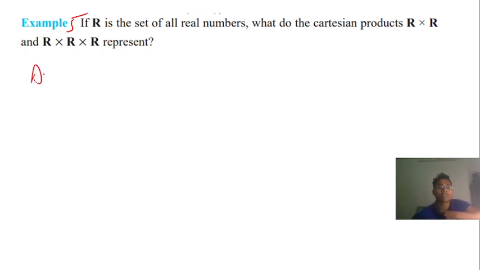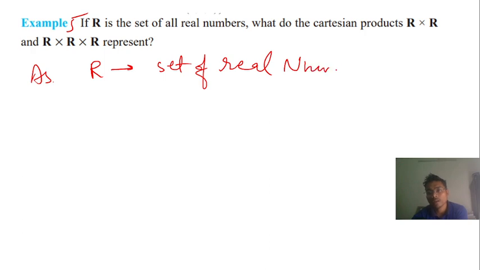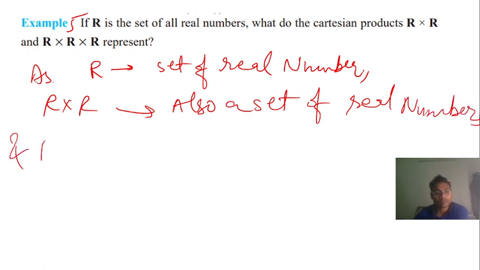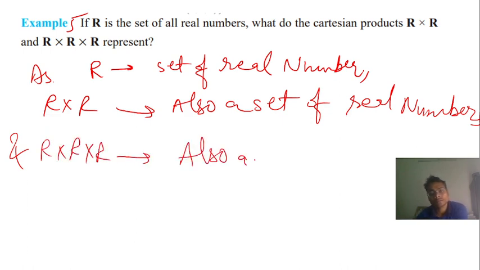So as R is a set of real numbers, then R cross R will also be a set of real numbers. And R cross R cross R will also be a set of real numbers.